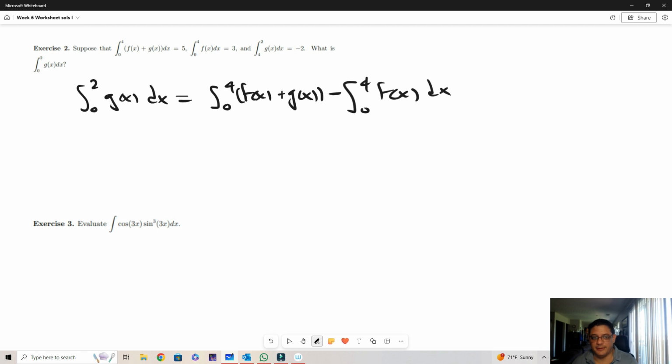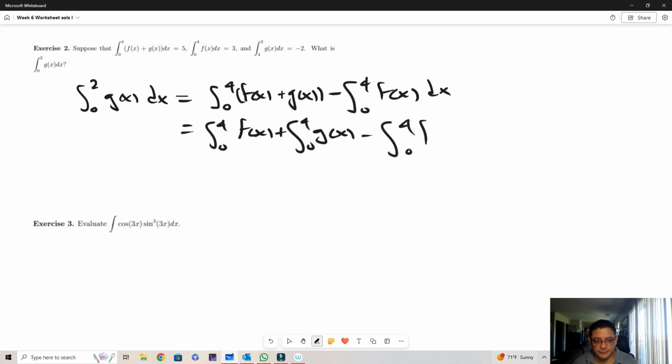Since this equals this integral by properties of the integral, I can cancel out, and now I have the integral from 0 to 4, but I don't need 0 to 4. I only need 0 to 2. So that means that I gotta get rid of the piece from 2 to 4.